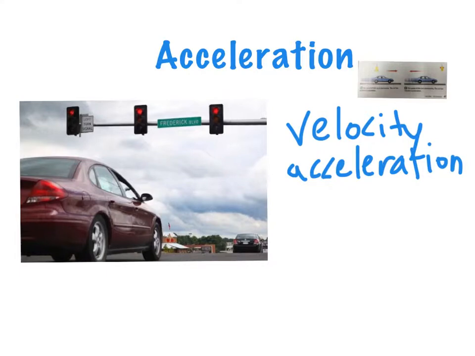It's not moving at constant speed. Imagine you are at a red light. When the light changes and someone steps on the gas, you feel the car speed up, and this is called acceleration. So it literally feels like the chair is kind of pushing you forward, and you can feel yourself speeding up with the car. That's called acceleration.